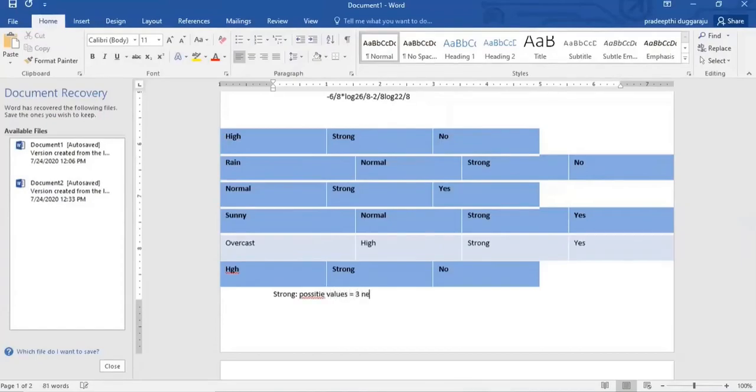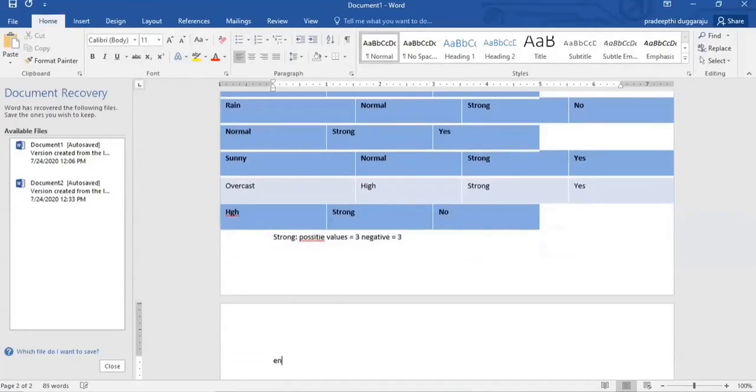Negative values of strong. Negative values also 3. Okay. Fine. What is the entropy of strong now? Minus 3 by 6 log 2 3 by 6 minus 3 by 6 log 2 3 by 6. Yes? This is correct, right?